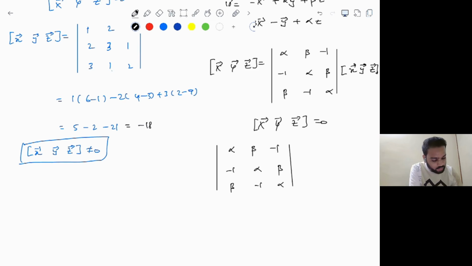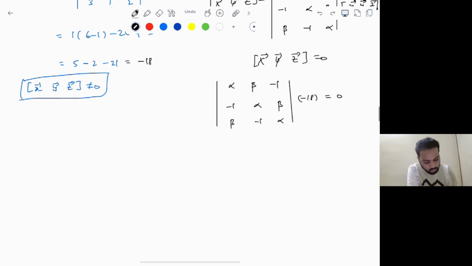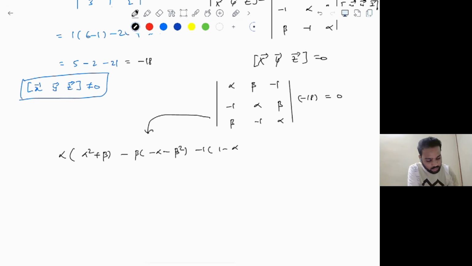So this determinant multiplied by minus 18 is equal to 0. So clearly this is a non-zero value. You can cancel it out. And finally, the leftover part is only the determinant of this one. So let's expand this determinant. Alpha into alpha square plus beta, minus beta into minus alpha minus beta square, and then minus 1 into 1 minus alpha beta is equal to 0.